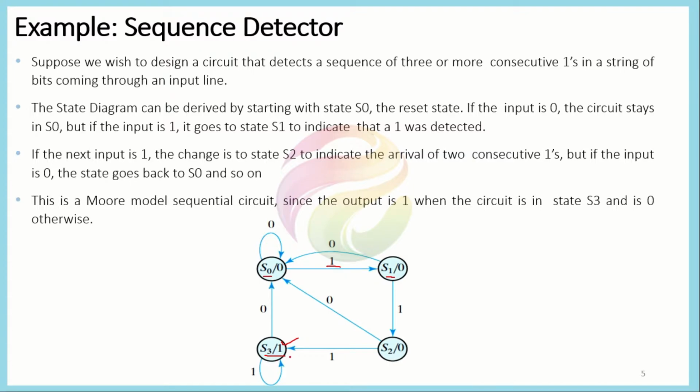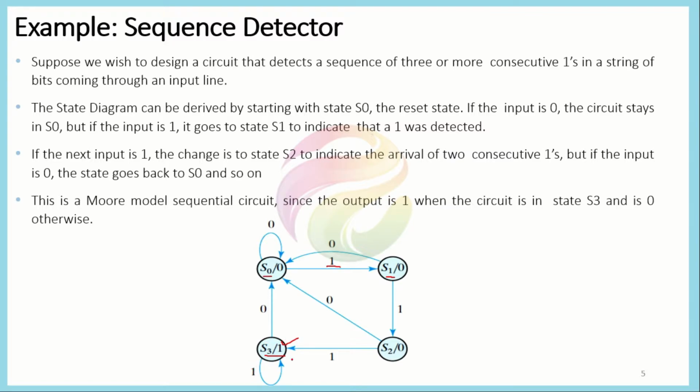There is no separate circuitry for the output, and it is asserted once it detects three or more consecutive ones. If other ones continue to arrive from the input stream, the system will keep the same state, S3.